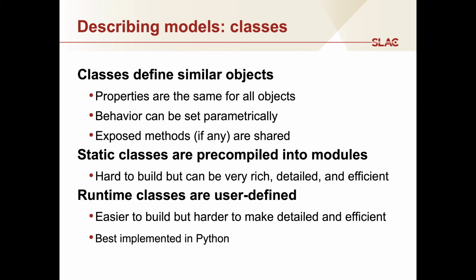Now, in the case of modules, these classes are pre-compiled, so they're pretty static, but because they're written in C++ and compiled in, it's not unusual for them to be extremely complex and rich. They have a lot of detail in them.